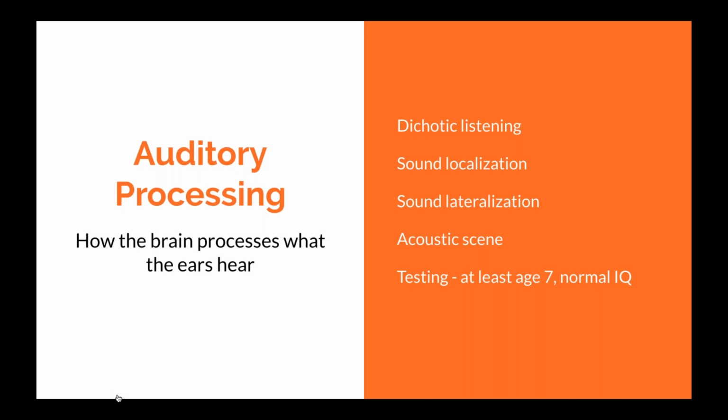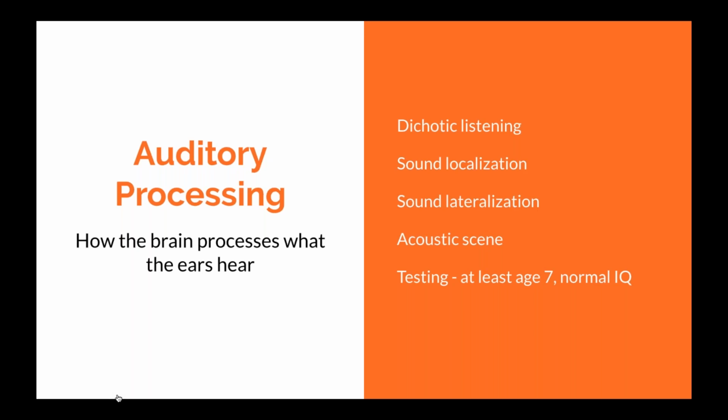Sound localization, that's figuring out where sound is. Sound lateralization, whether it's left or whether it's right. Why is this important? Where do we use sound lateralization and sound localization? When we're crossing the street. If you and I are crossing the street, we're going to look for a car, but we're also going to listen for a car.